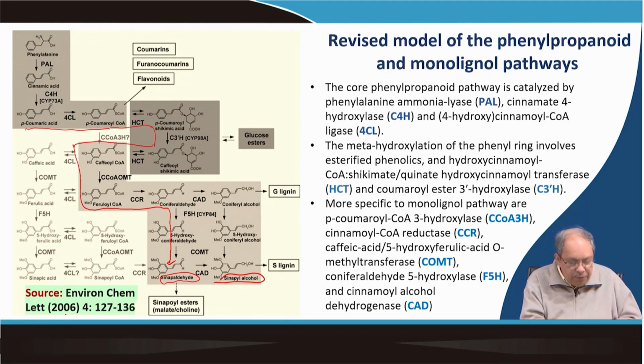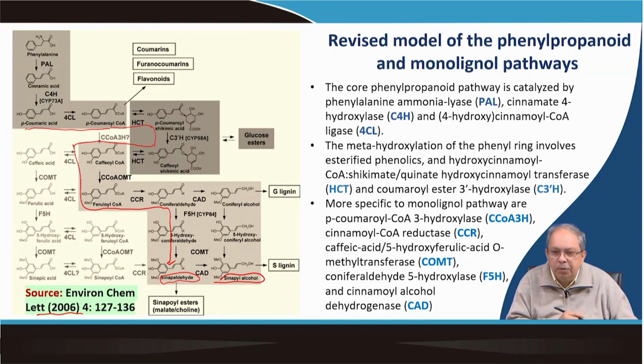So, this actually first appeared in Environmental Chemistry Letters by a group, and I picked up this one at that time, and then with further additions we made it. Here they have mentioned all the enzymes like C3H or C3 prime H, which converts coumaroyl to caffeoyl, called coumaroyl ester 3 prime hydroxylase.